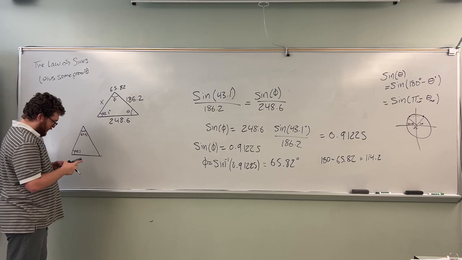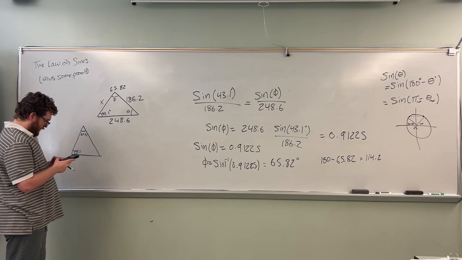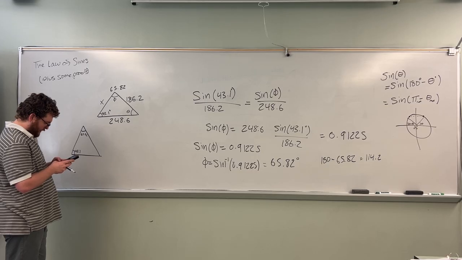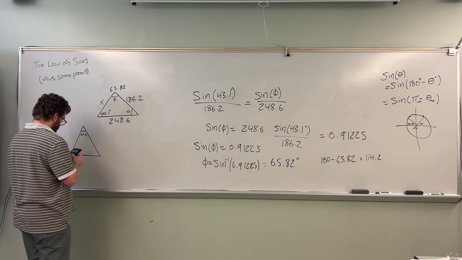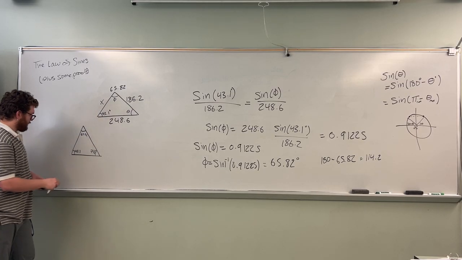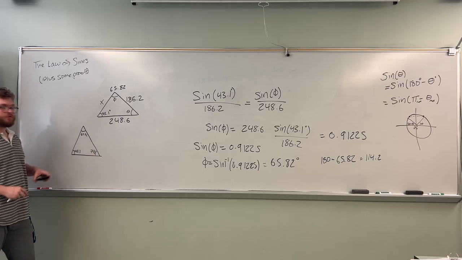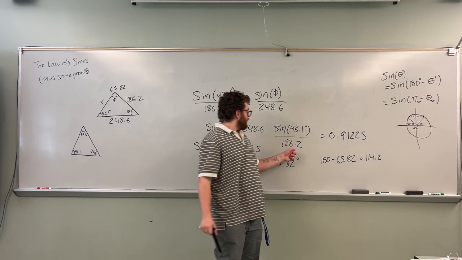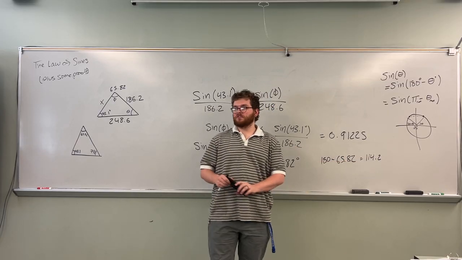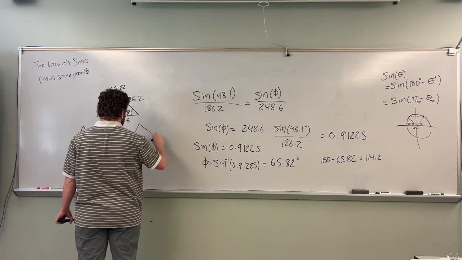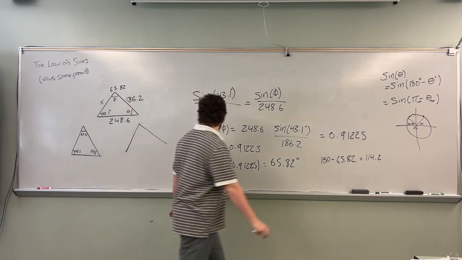And then this last angle would be 180 minus 43.1 minus 65.82, which is 71.1. So those could be my three angles. Or this one could be pretty wide. 114 is greater than 90. So it would look maybe like a little wider.